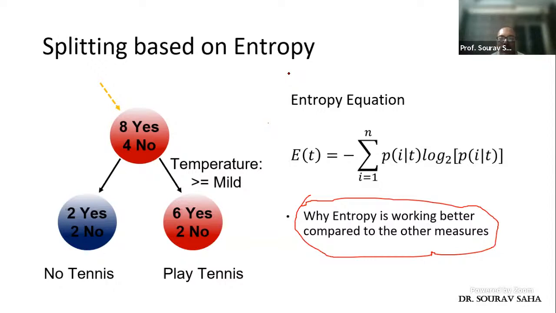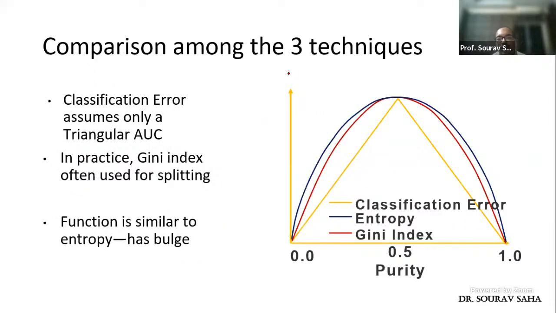I have told you which one has the best performance, so if possible, go ahead and use entropy. By default in Python, the Gini index is implemented, but you can tell Python to use entropy as well with the particular command.